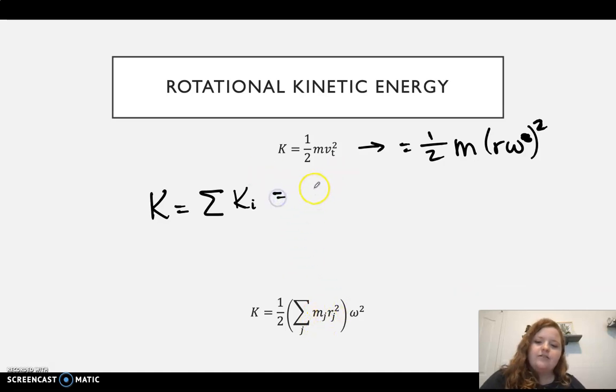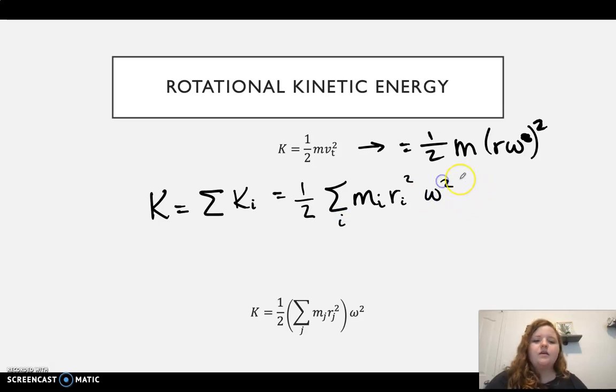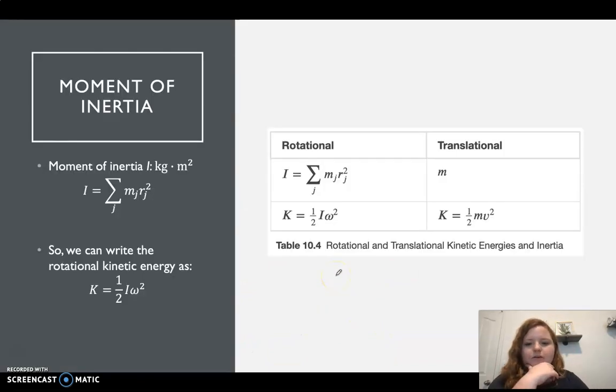So we have 1/2 summation of these masses and whatever radius they are at. I'm not going to go in depth with this other than stating that this is the result, and then we'll use that result.